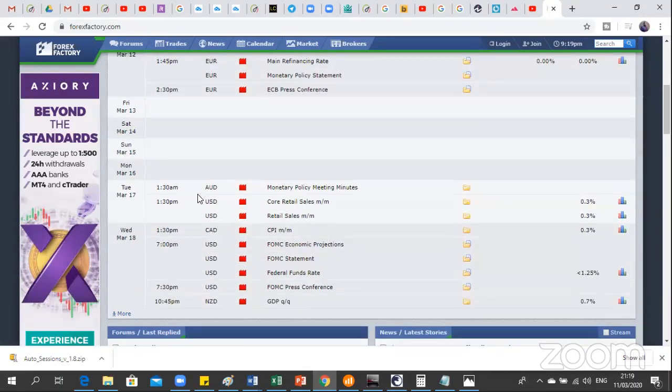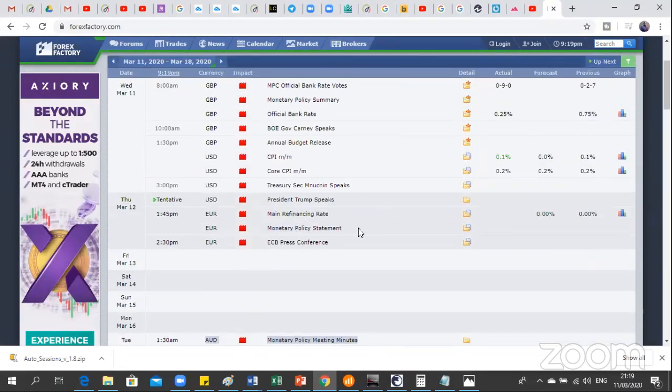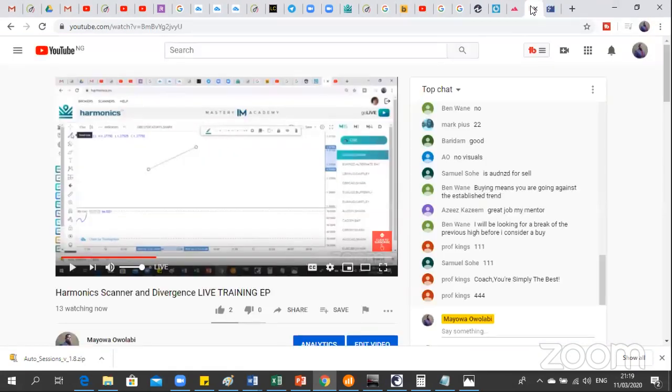The only news we have is next week. So something needs to happen that will push the pairs up, especially for AUD. That is right.